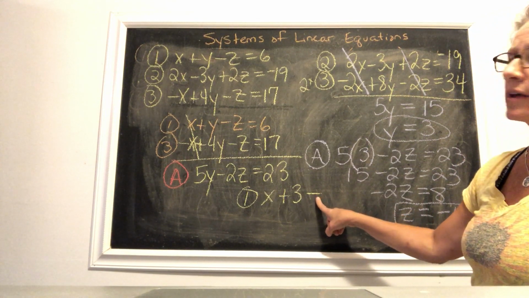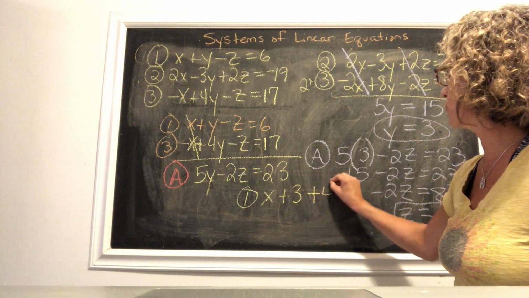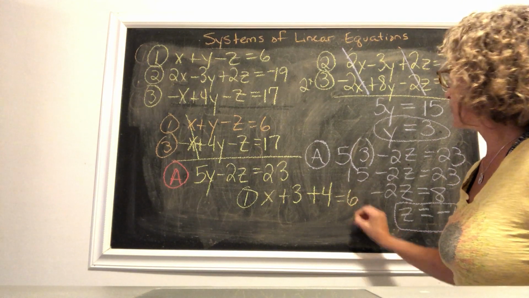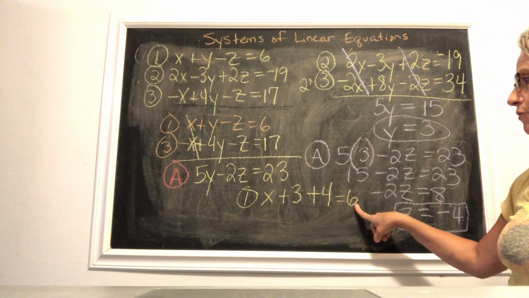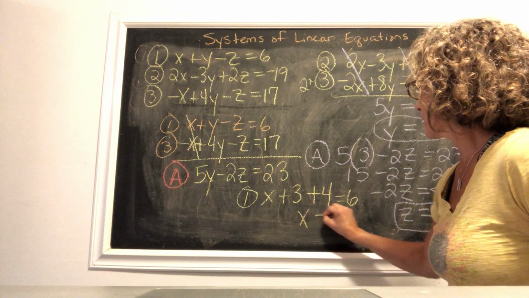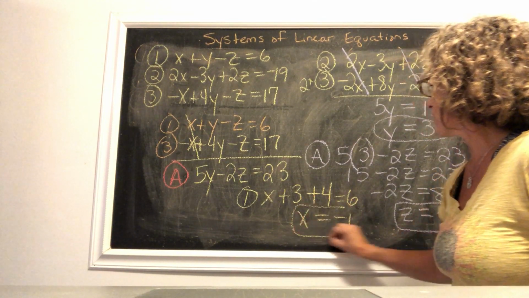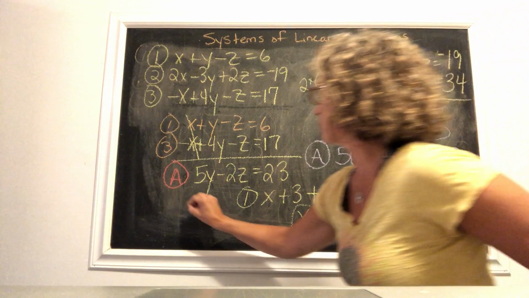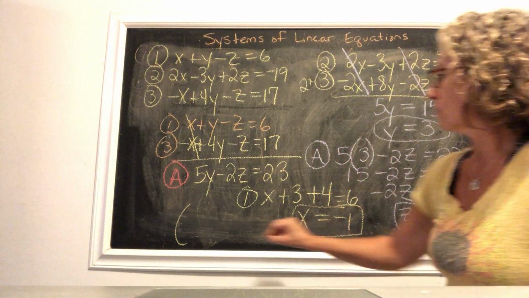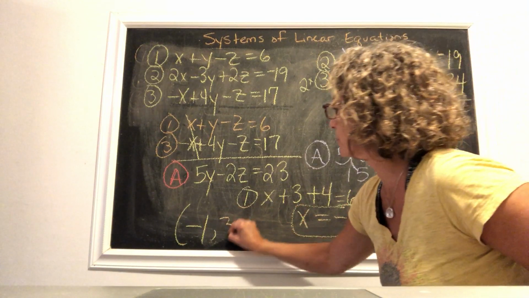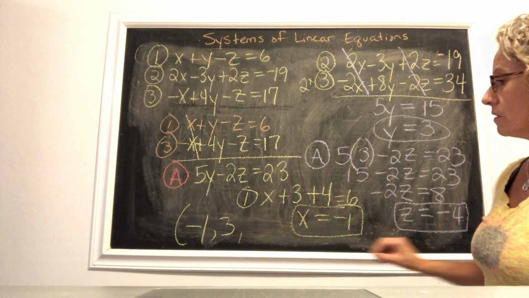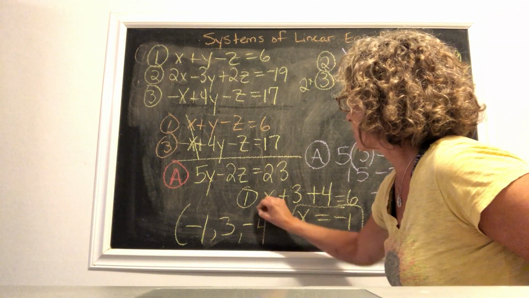So if I'm minusing a negative 4, it's going to become plus 4 equals 6. That gives me 7. If I subtract 7 from both sides, I get x equals negative 1. Okay, so my answer was x, negative 1, comma, y, positive 3, comma, z, negative 4.